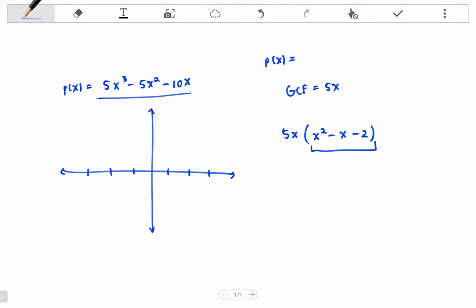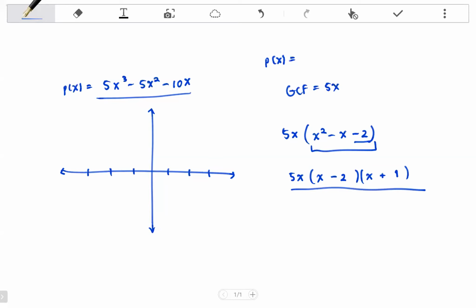We factor this trinomial. x squared has to start with an x and an x. Negative 2 is going to be combined from negative 2 and 1, or 1 and negative 2. In this case, it's going to be negative 2 and 1. So we can factor it into those two binomials. And we're done factoring. We can't factor this anymore.